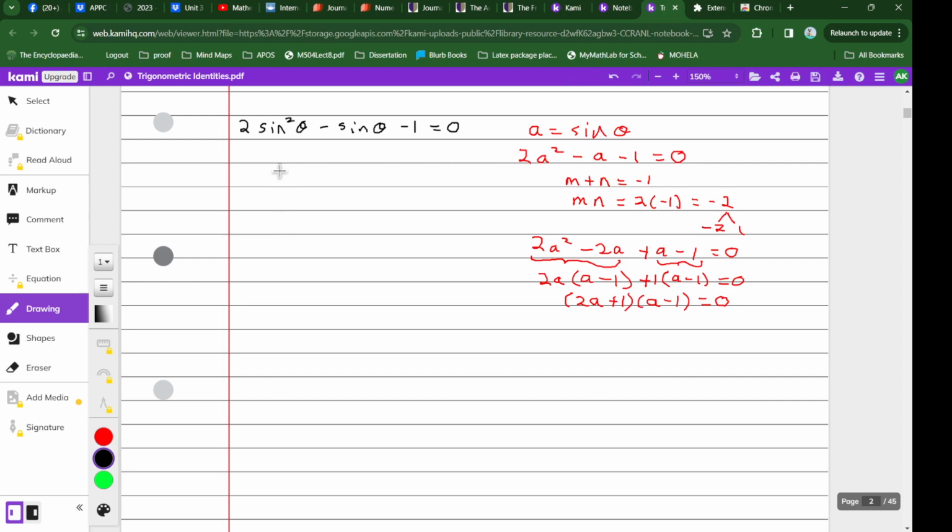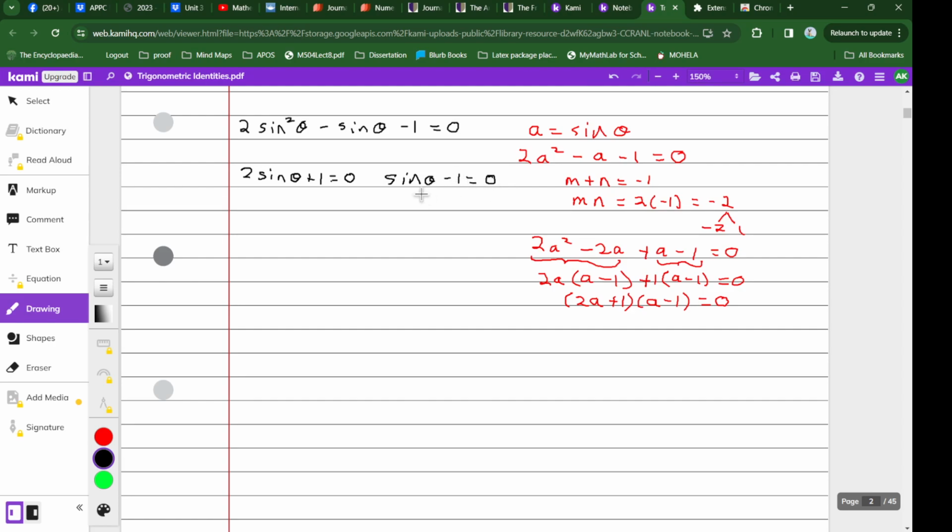So now let's go back to our actual problem. Remember I said that a was sine theta. So that means that 2 sine theta plus 1 equals 0, or sine theta minus 1 equals 0.